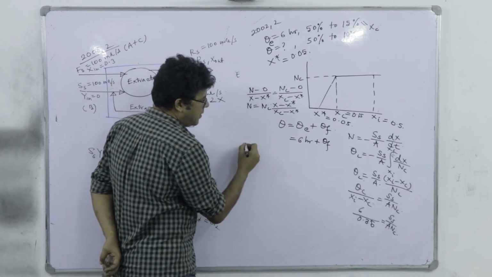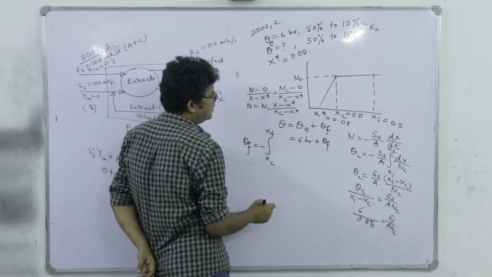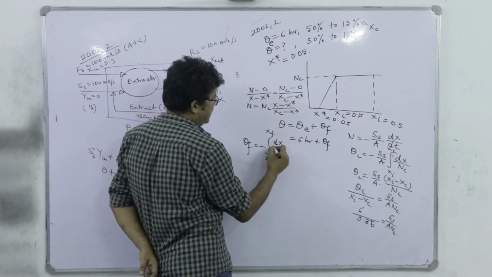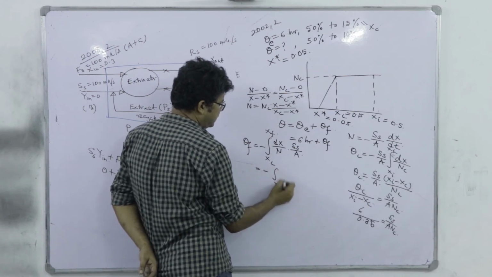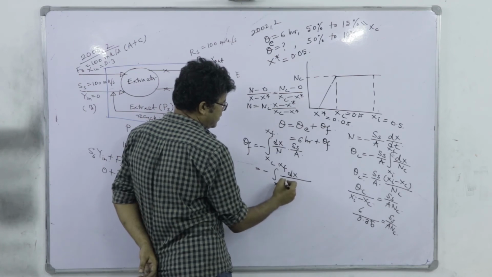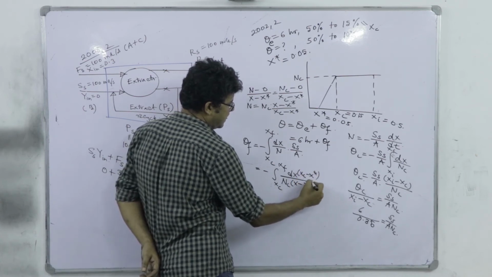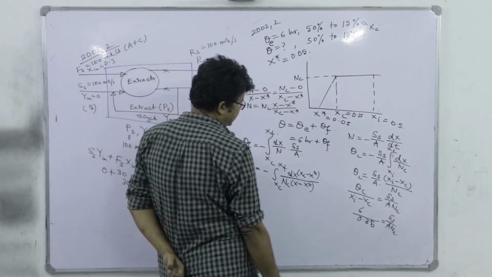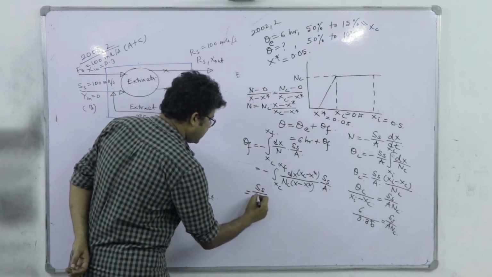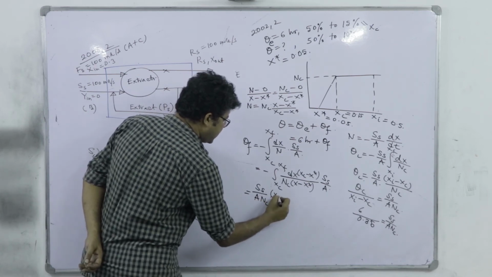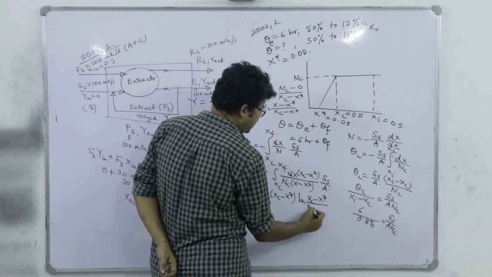Next, theta f is equal to minus the integral from Xc to Xf of dX by N into Ss by A. So, minus the integral from Xc to Xf of dX, with N as Nc into X minus X star over Xc minus X star, into Ss by A. So, that is equal to Ss by A Nc into Xc minus X star and then ln of Xc minus X star divided by Xf minus X star.